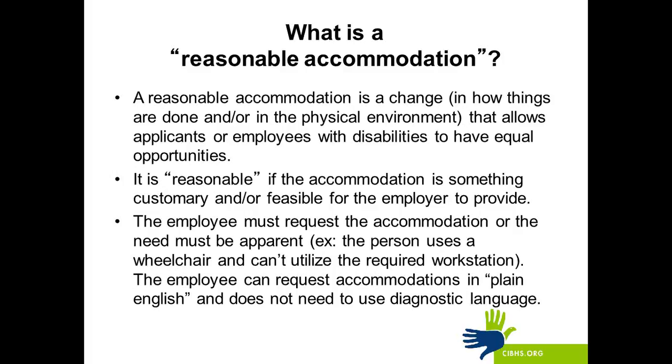So you want to avoid that as well, and remember to just have the lens of universal design and support, like we've been talking about, which is that all employees may need accommodation in the workplace, and unless it's something that is apparent, like that example of the wheelchair with the workspace, you want to just allow the person to reach out and request the accommodations if and when they need them, instead of over-accommodating and assuming that somebody has a disability that prevents them from doing their required job activities.